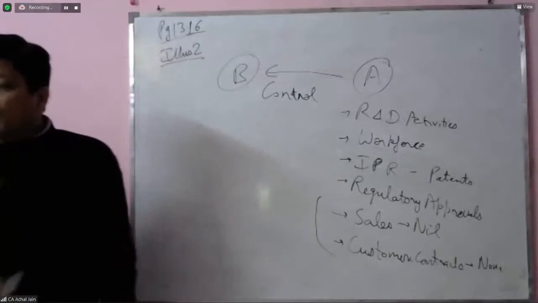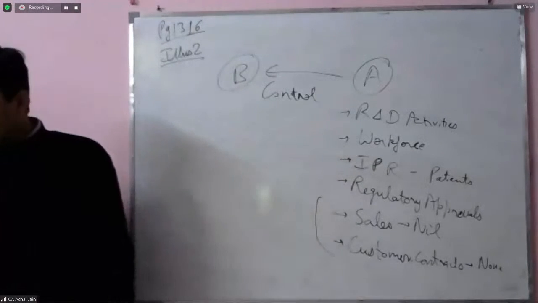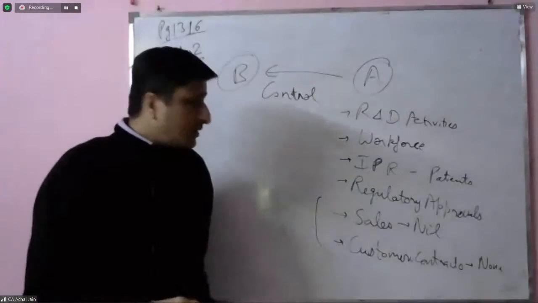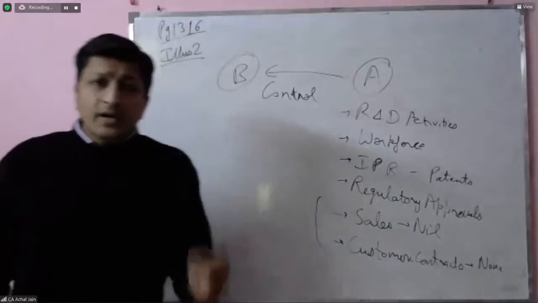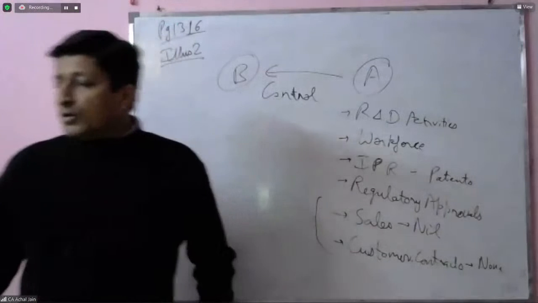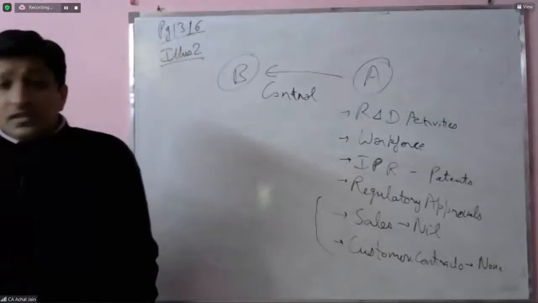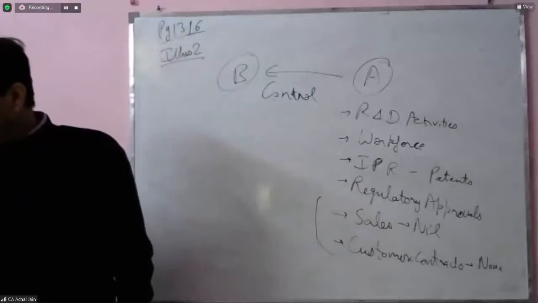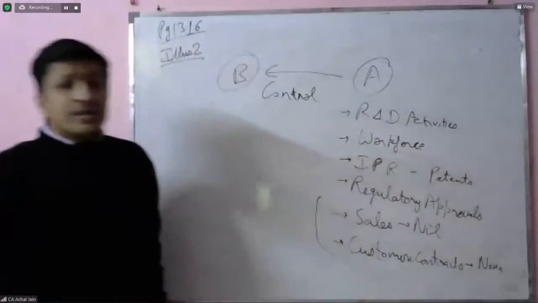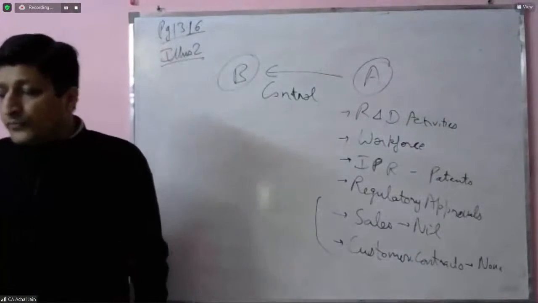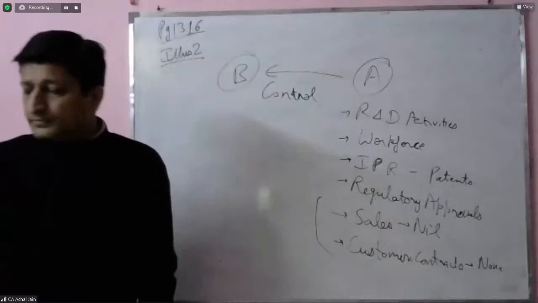Let's assume B gets control over A. Now in this situation, can you tell me, will this be considered to be a business combination or not? All of you, please don't look at the answer of the study material. And I'm hoping you would not have done that. Can you please answer this on your own? Will this be considered to be a business combination or not?